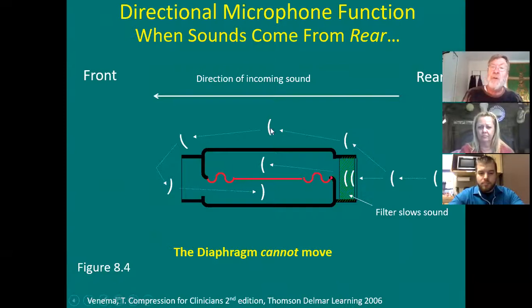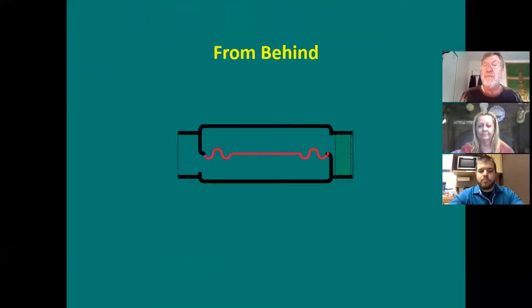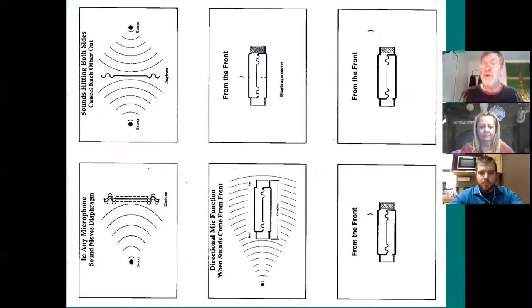Meanwhile, sound carries on around, and when it enters the front door, there's cancellation, because by the time sound has gotten through here, sound is wrapped around and gotten through the front, and you got cancellation. So let's look at it here. Okay, and this is why, and this is how directional mics generally work.